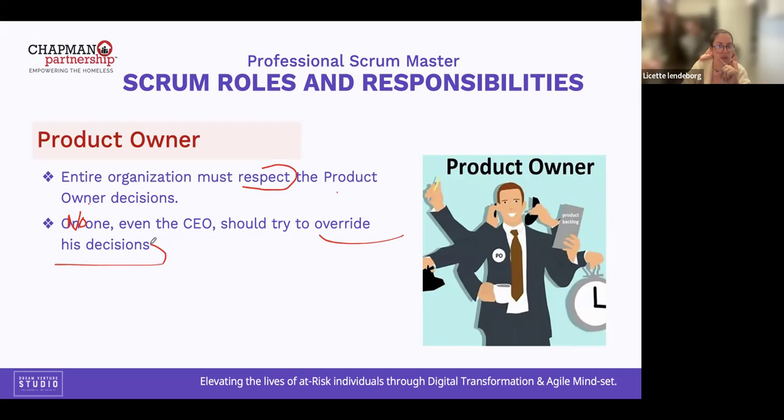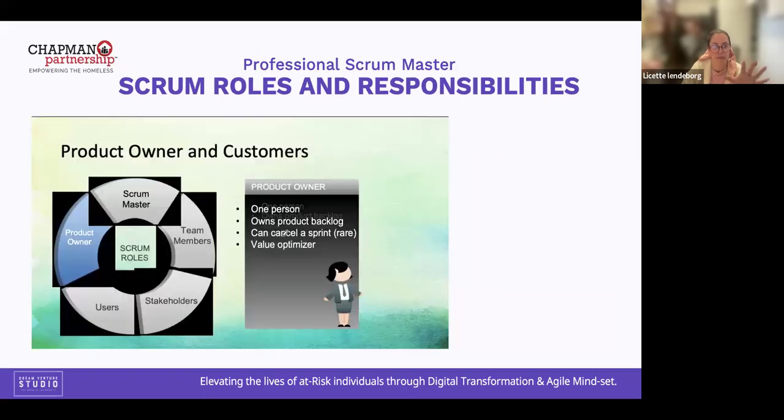Keep that in mind. He is the authority in terms of backlog and product vision. Another name that you may see in the exam for the product owner is value optimizer. Value optimizer.